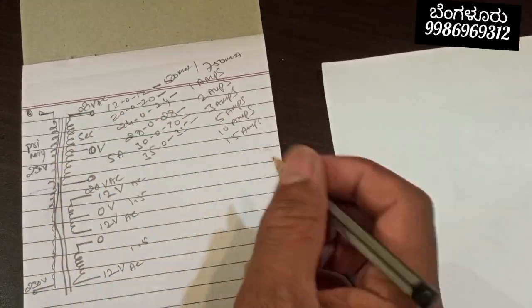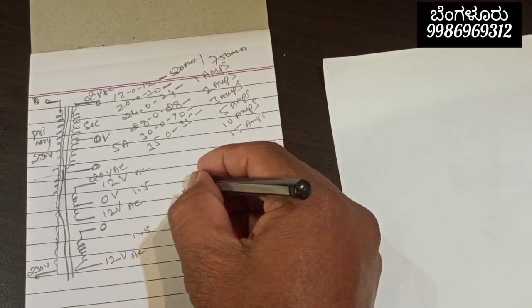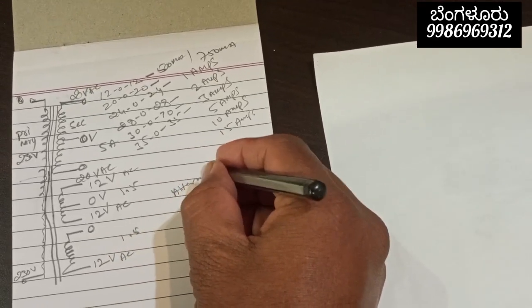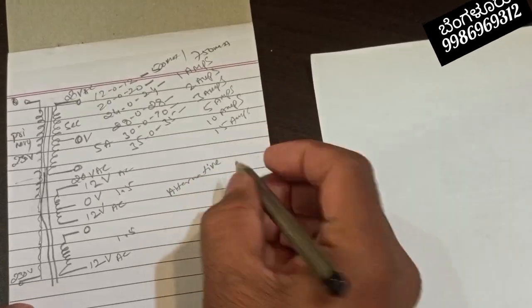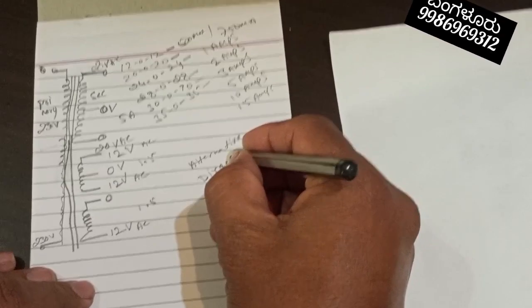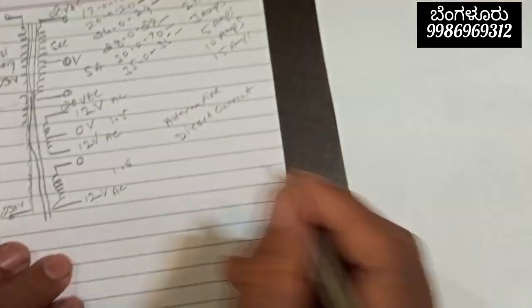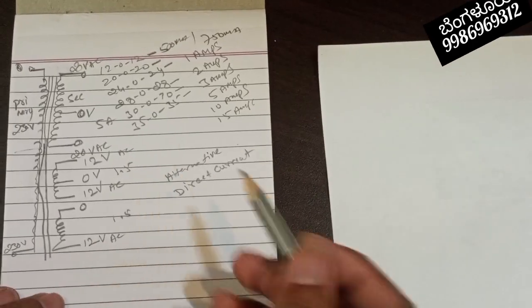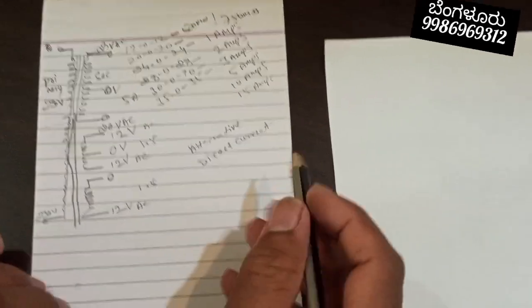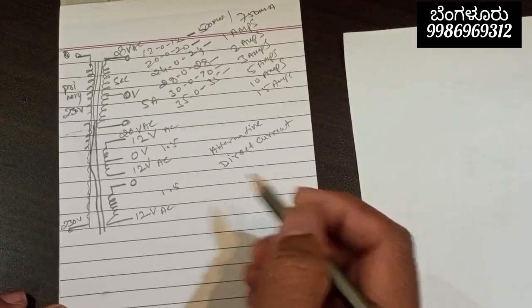So what is DC current? AC is alternating current, and DC is direct current. So the power supply you have to design for the amplifiers is DC, direct current.